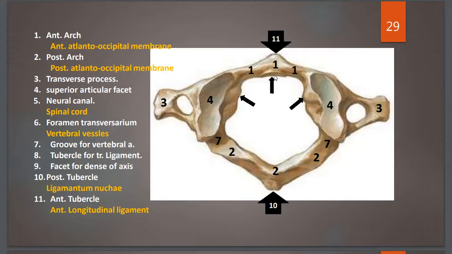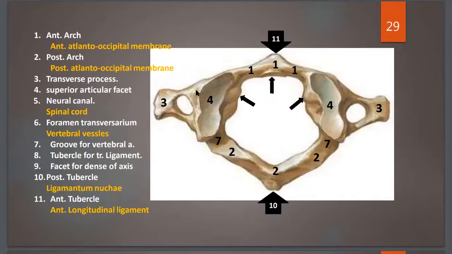This is the facet for the dens, which has not been numbered, but it is 9. Dens spelling is wrong here; the extra E should not come. D-E-N-S, dens. This is the posterior tubercle, number 10, which gives attachment to ligamentum nuchae, and the anterior tubercle gives attachment to the anterior longitudinal ligament.